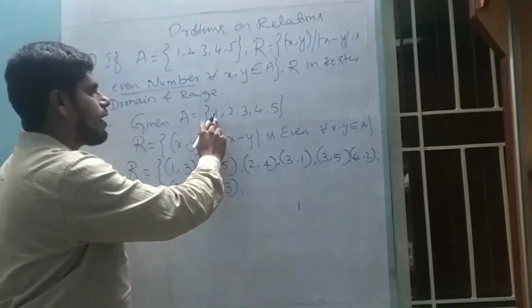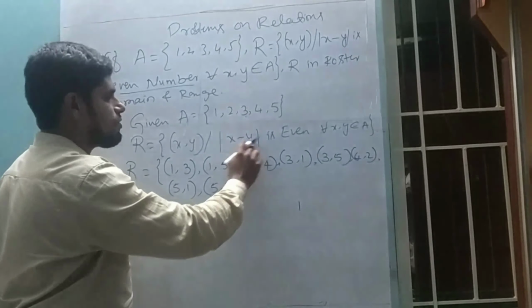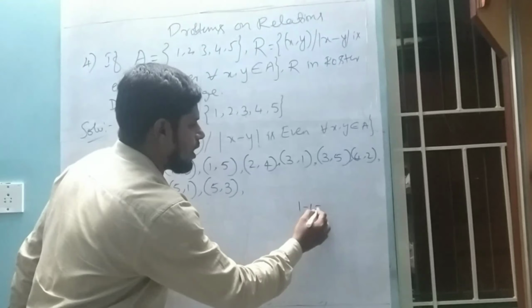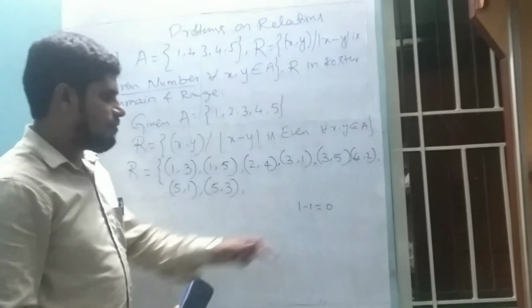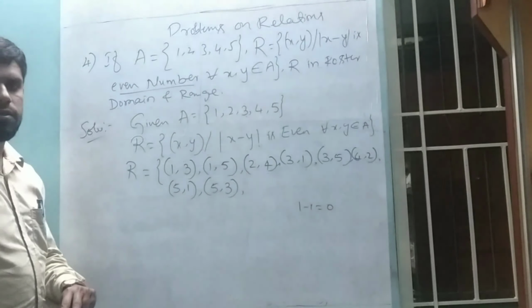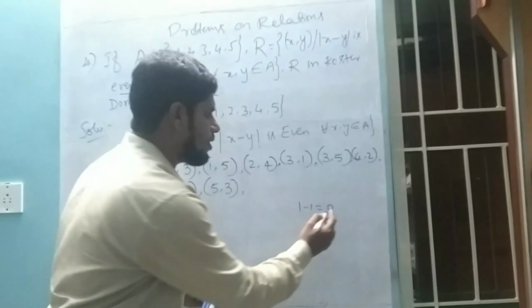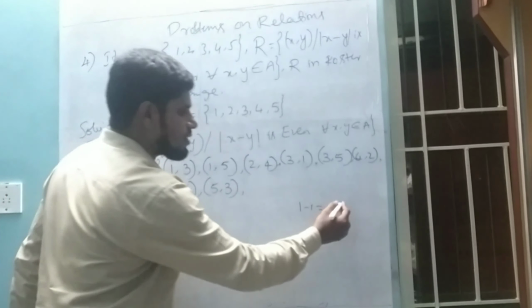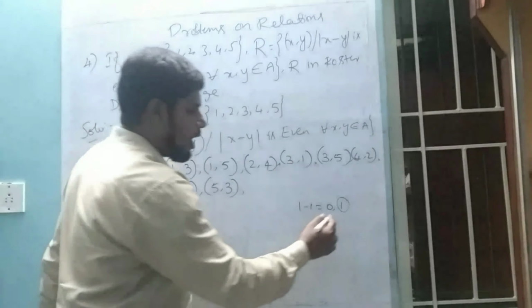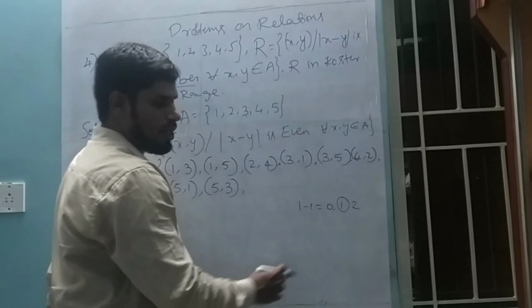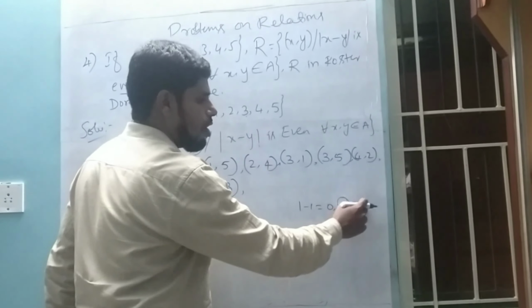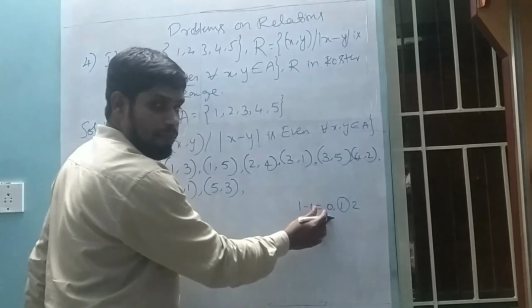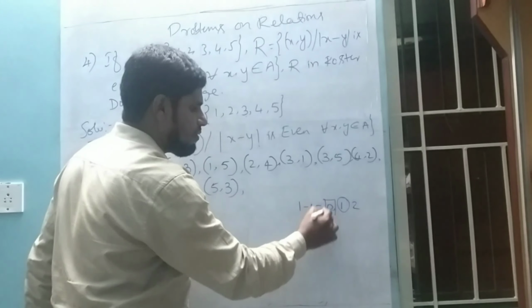If I subtract a number with itself here, in this case, 1 minus 1, 2 minus 2, 3 minus 3, what happens? 1 minus 1, answer is 0. Can we consider 0 is an even number here? Yes, we can consider, because after this 0 we will get 1 in our number system. So 1 is considered as an odd number, and after 1 it is a 2. That is odd, even, odd, like that. So before 1, whatever the direct number comes, that is considered as an even number.